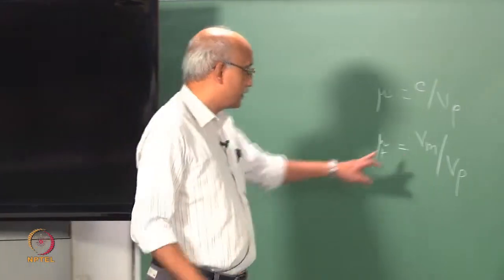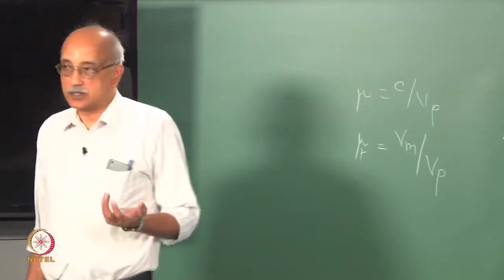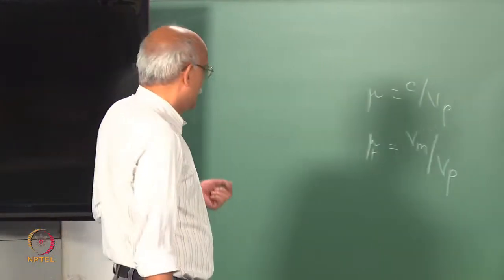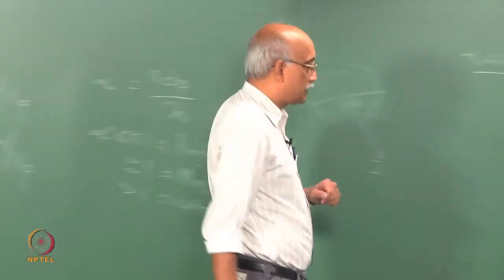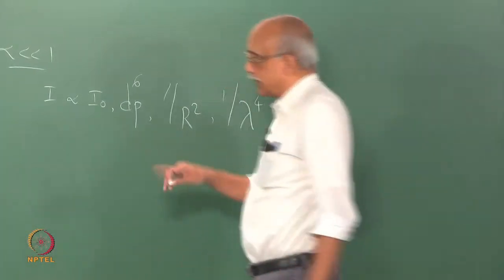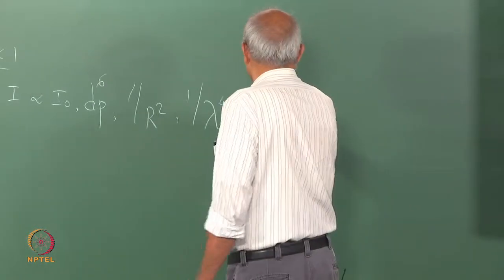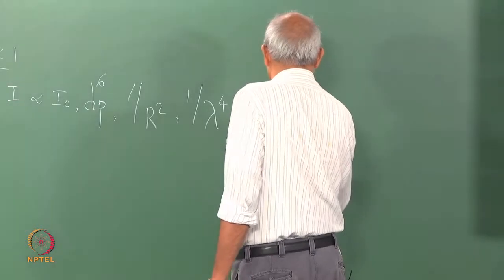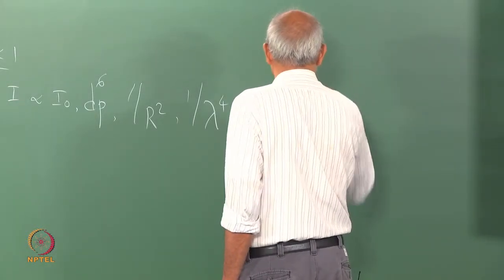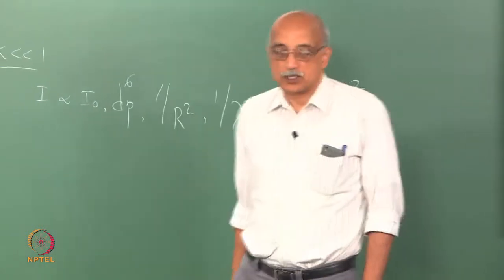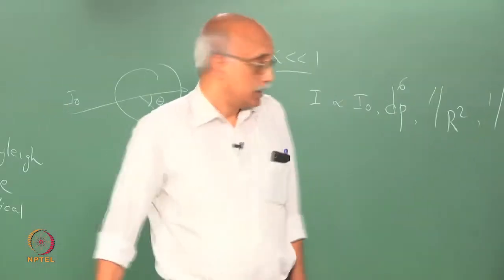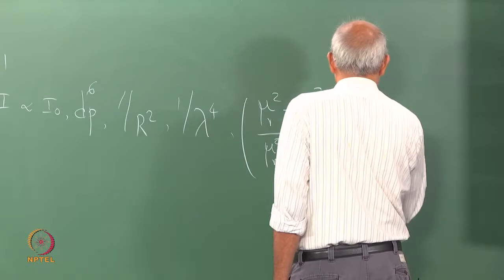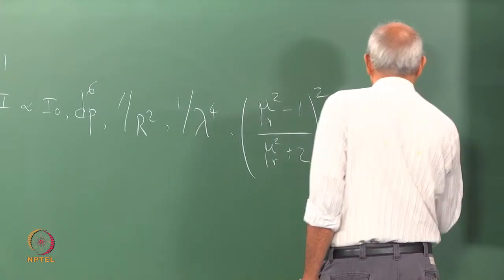So Vm is the velocity of light through the medium in which the particles are suspended, and Vp is again the velocity of light through the particle. And the scattered intensity, as it turns out, depends on a parameter that involves mu r. It's written as (mu r squared minus 1 over mu r squared plus 2) the whole squared. So a fairly complex dependence on the refractive index. And finally it depends on the scattering angle theta as 1 plus cos squared theta.